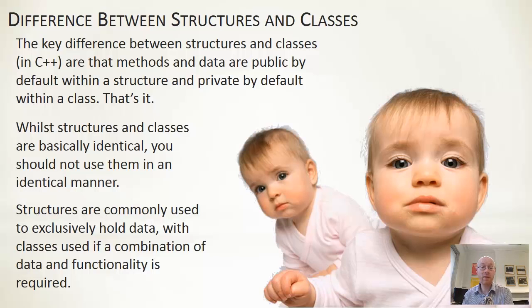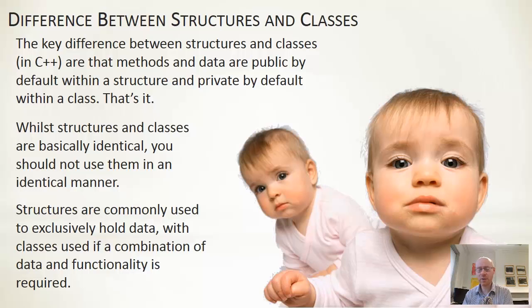If you didn't have a public and a private section, you just defined it as its own, it's assumed to be public. And within a class, if you just define something and you haven't put it into private or public, it's assumed by default to be private. That's basically the only difference. Structures, it's clear, stuff is assumed to be public. Classes, nope, it's private by default unless you make it public.